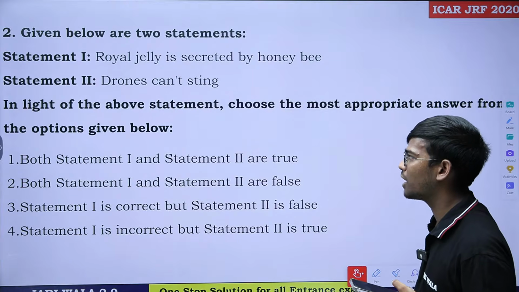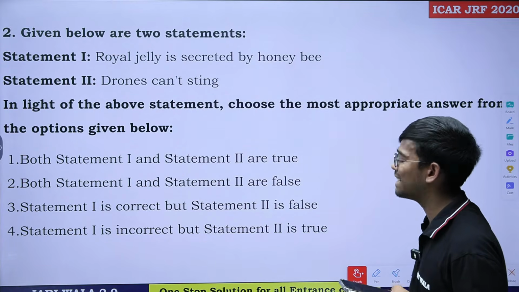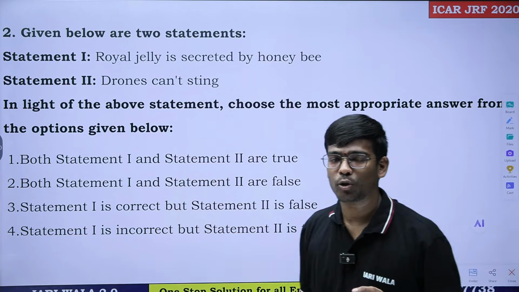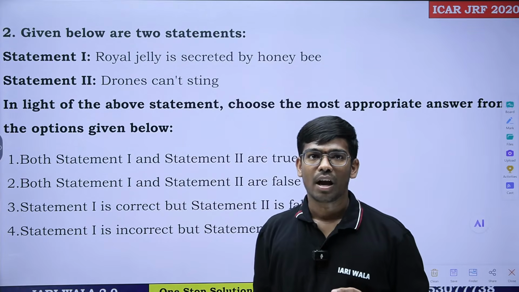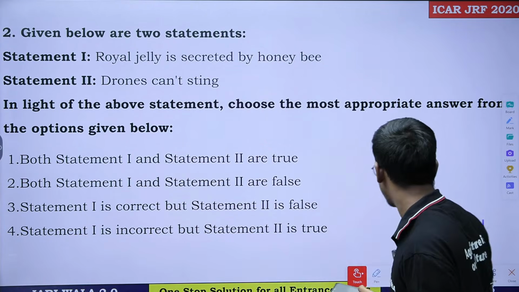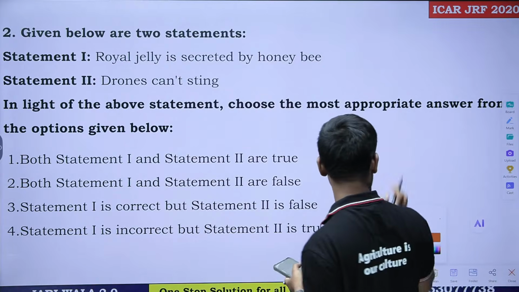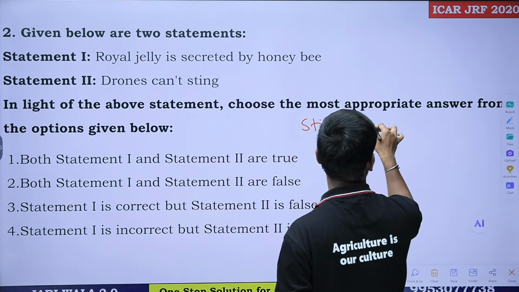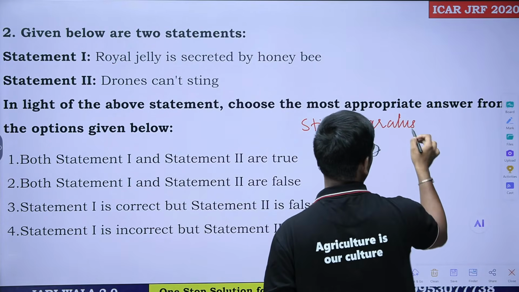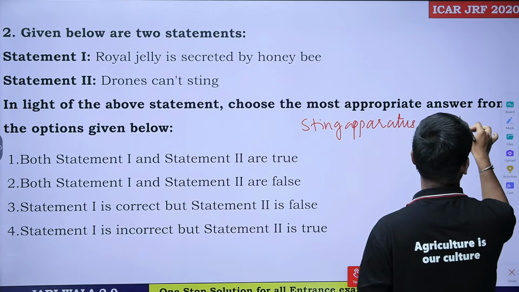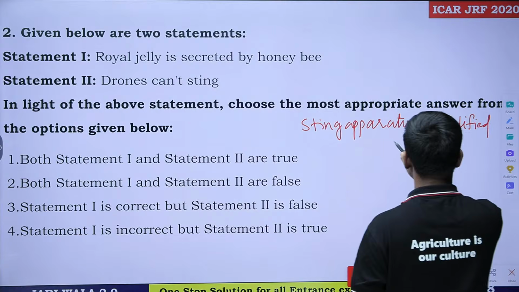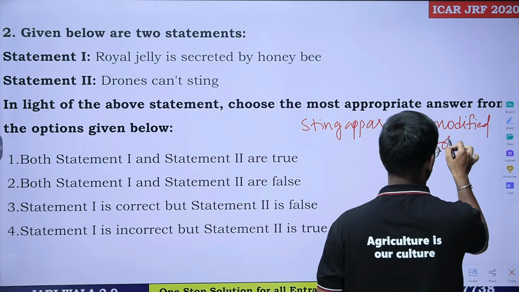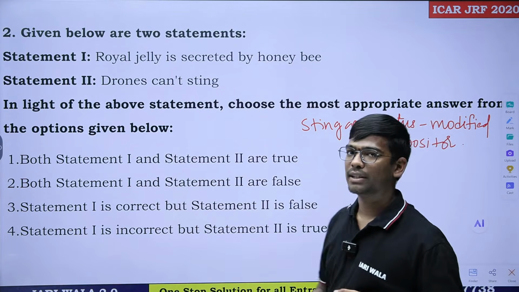And coming back to the second question, statement 1 is royal jelly is secreted by the honeybee. Yes, royal jelly is secreted by the honeybee, specifically the worker bees. And drones can't sting. And what is the sting apparatus? The sting apparatus is nothing but a modified ovipositor.